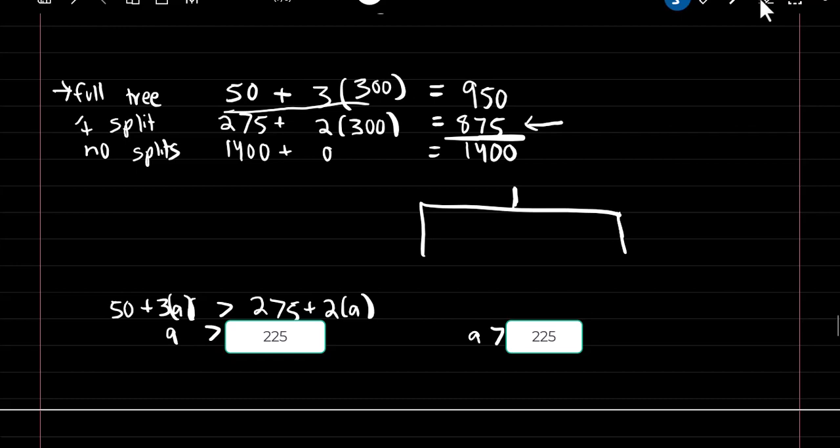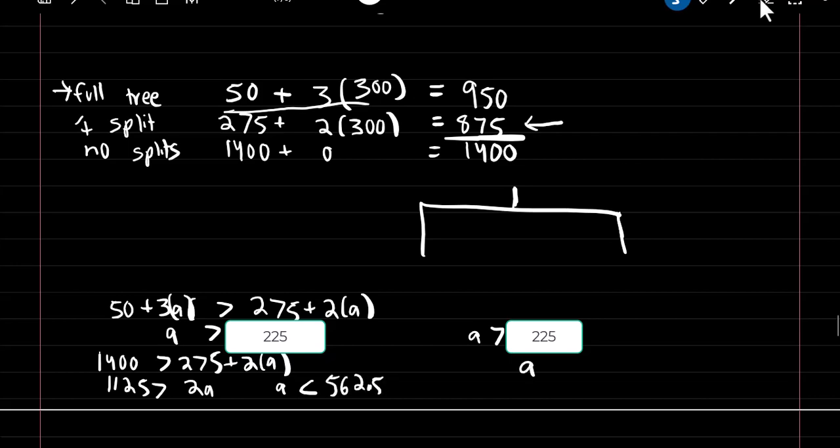And then if we were to solve for another inequality, which is no splits, we would say that 1400 has to be greater than 275 plus 2 times a. So we would say 1125 is greater than 2a, so a is less than 562.5.